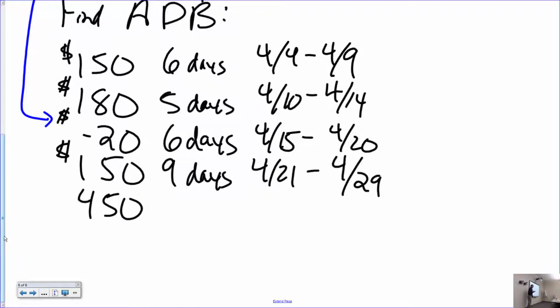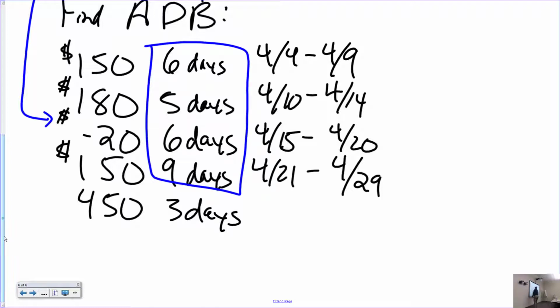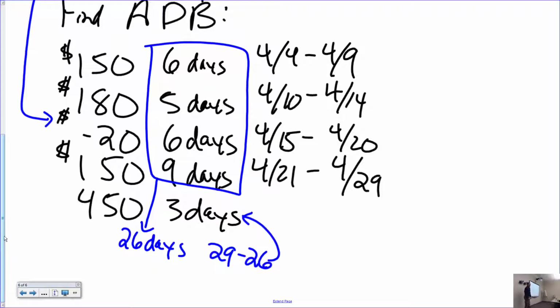Why 3? 26 days used up in the billing cycle so far, and you have 29 in the billing period, so you subtract it, you get 3. It's a 29-day billing cycle, so there has to be 3 days on the last row.